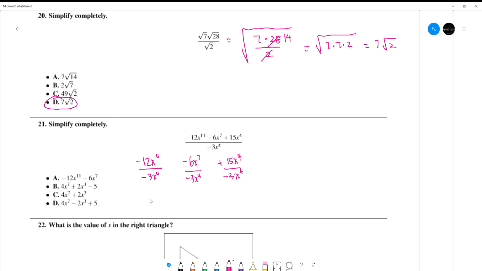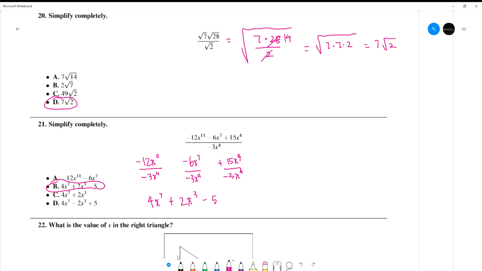So what is this? This is 4x to the 7th, right? And then negative 6 over negative 3 is positive 2x to the 3rd, and minus 5. The x's cancel out. So what is that? It's answer B.